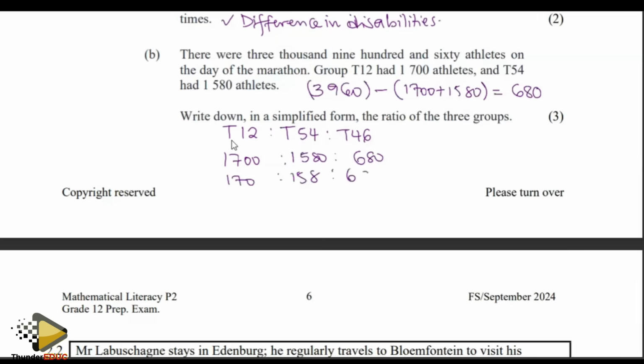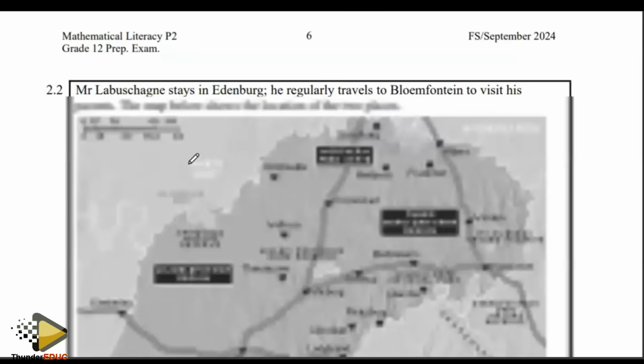Then we simplify. By 20 this one becomes 85, this one 79, and this one 34 after dividing. So this is the simplified format that we needed. This one is 3 marks. This one was missing. That one was missing. All right.